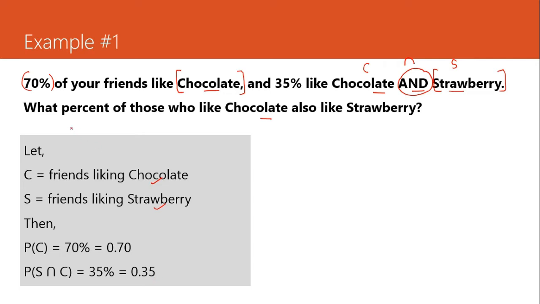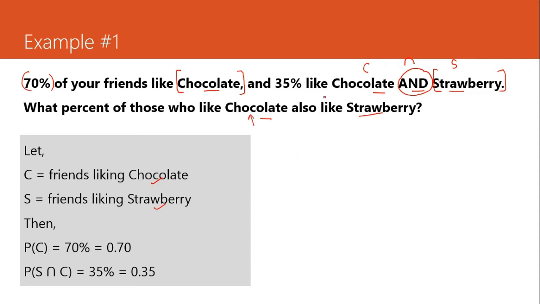Alright. Now what do we need to find out? What percentage of those who like chocolate also like strawberry? What this sentence means is, you have to find the probability of those people who already like chocolate, but they have to like strawberry also. So how is it written?